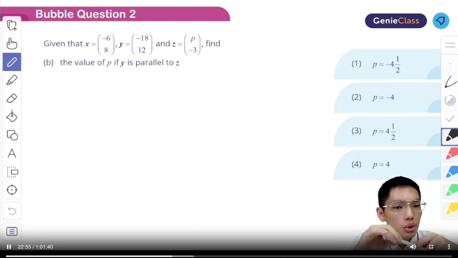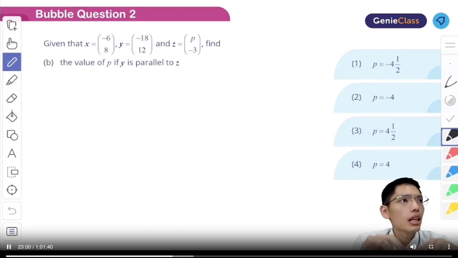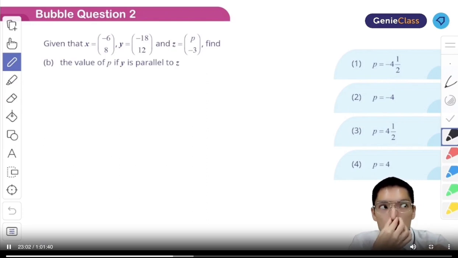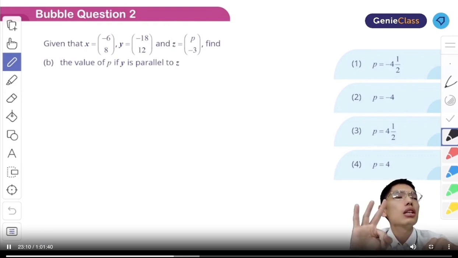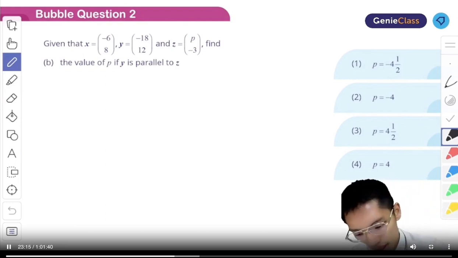I think I need to go through this. Take note, I'm looking for the value of P. What does it mean? Last 10 seconds. Alright, I would say most of you got it. Last 3. Most of you got it, but some of you need some time, so let me go through.